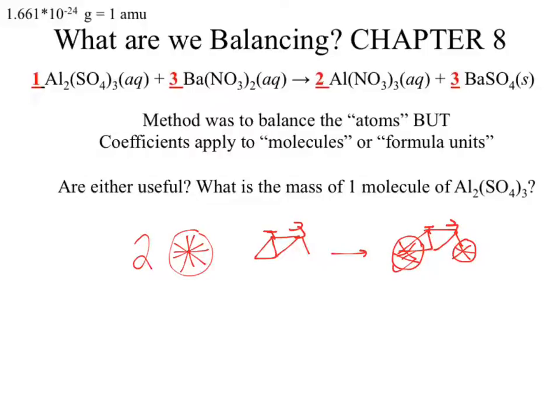If I give you 2 grams of bicycle tires, how many grams of frames do you need? How much does a bicycle tire weigh? One bicycle tire weighs a whole lot more than 2 grams.